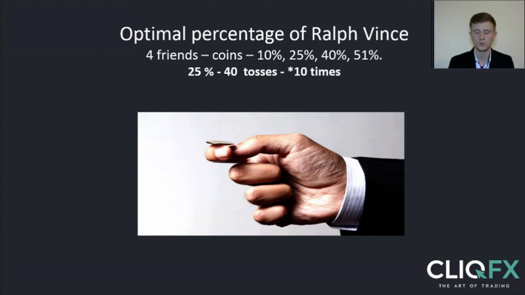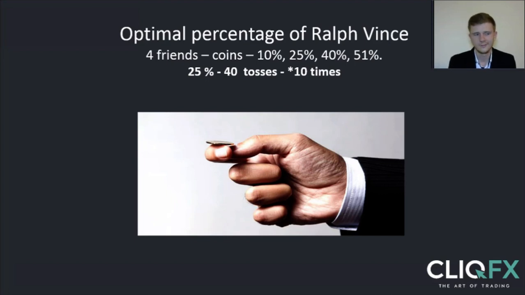The second one was putting 25% of his deposit in each trade. The third one 40%, and the fourth one 51% of his money in each trade for 40 tosses, right? Statistically, the second friend, who was putting 25% each toss, made his deposit 10 times bigger than at the beginning.